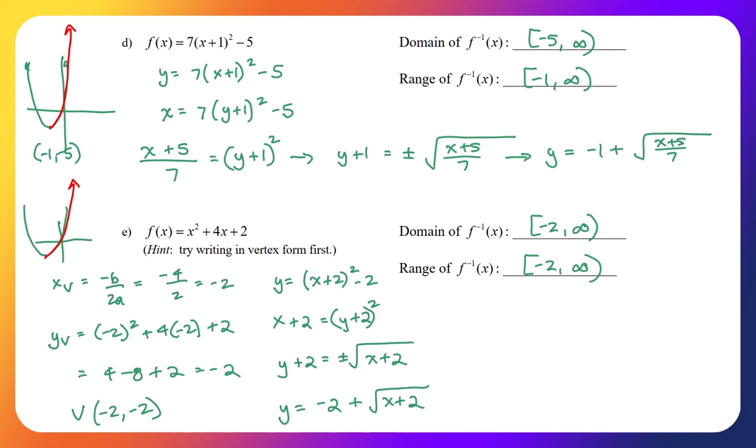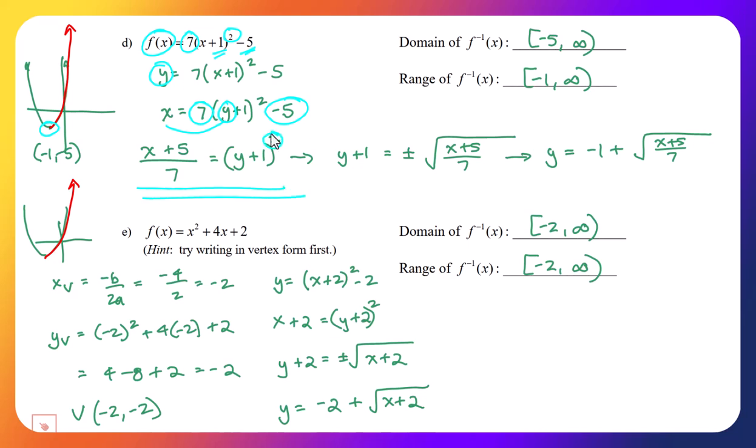Same thing here. What I did is I sketched the graph. It's a parabola going up. The vertex is -1, -5. Replace f of x with y. Switch x and y. To get this y by itself, I add 5 to both sides, divide both sides by 7 to get here.